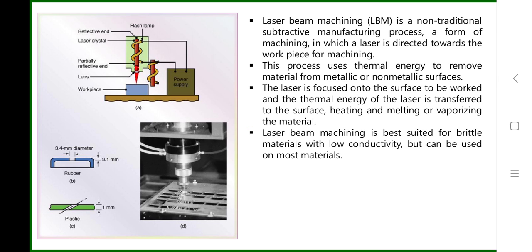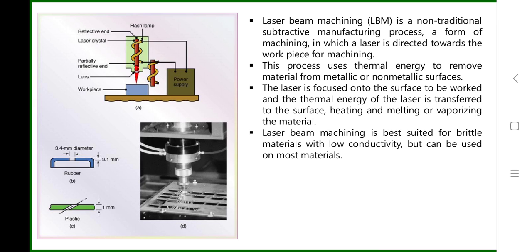Laser beam machining is a non-traditional subtractive manufacturing process, and it is a form of machining in which a laser is directed towards the workpiece for machining purpose. This process uses thermal energy to remove the material from metallic or non-metallic surfaces.